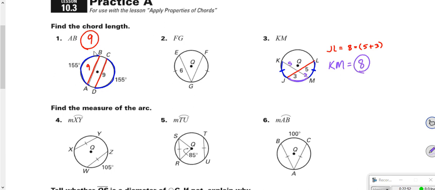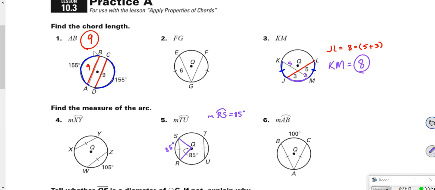Number 5, measure of arc TU. Okay, first of all, this 85 right here is a central angle. So if this is 85, that means the arc RS is 85. Measure of arc RS is 85, because remember your arc measure is the same as your central angle.